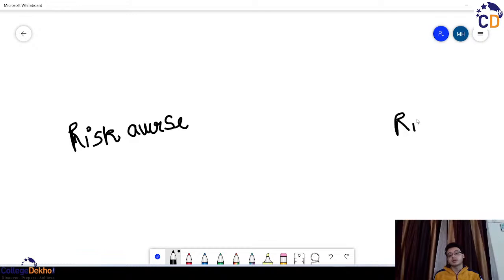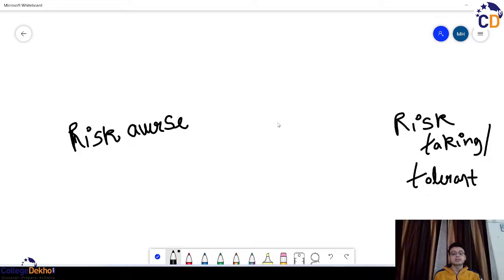One is a risk taking person, or we can also call him a risk tolerant person. And somewhere in between, you have a risk neutral person.